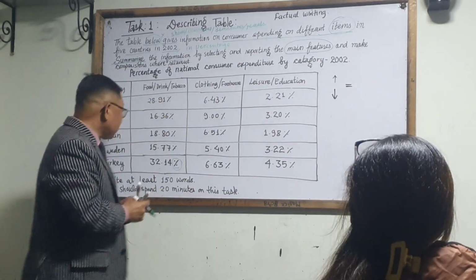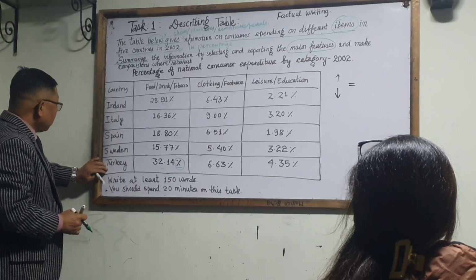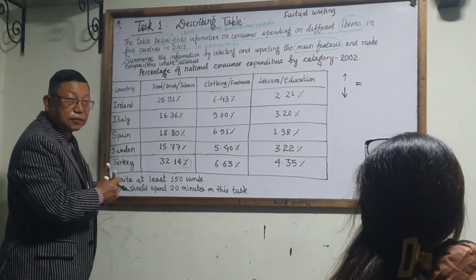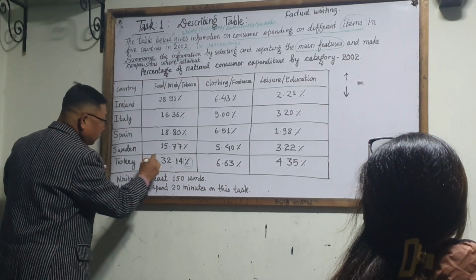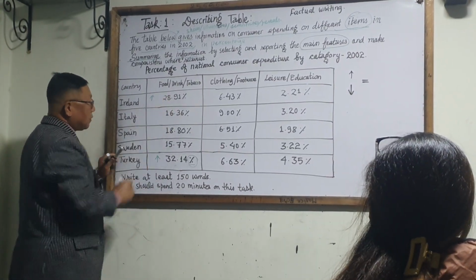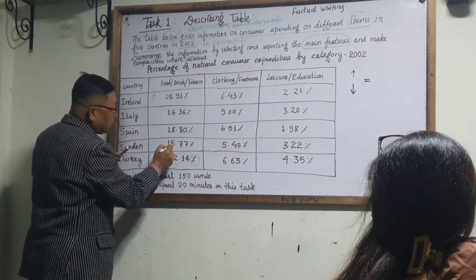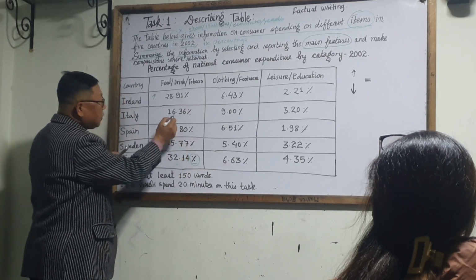Okay? Suppose for this table from Turkey you can see the highest data is here, and the second highest is here. Look, 16.36, 15.77, meaning nearly 16.